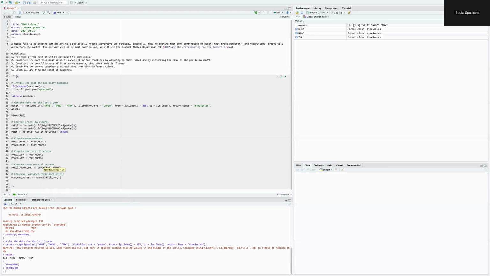CRUZ var, you can just use tab to finish the line. The covariance, comma, variance, and we'll round it to 5 decimal places.